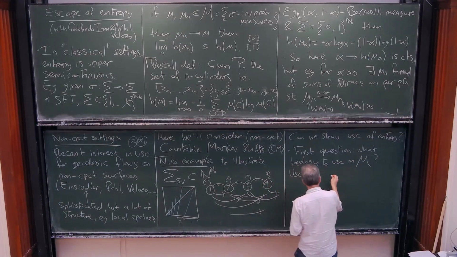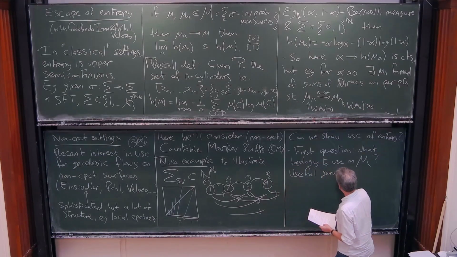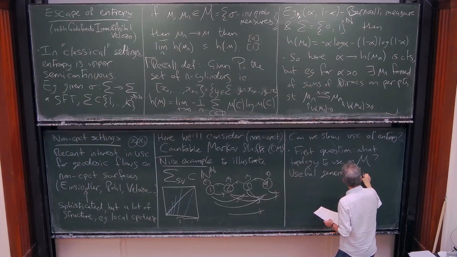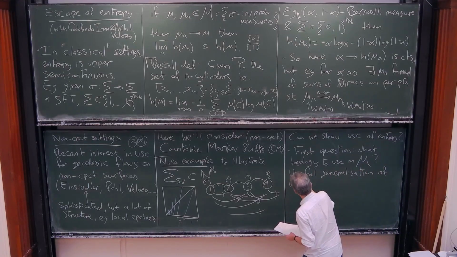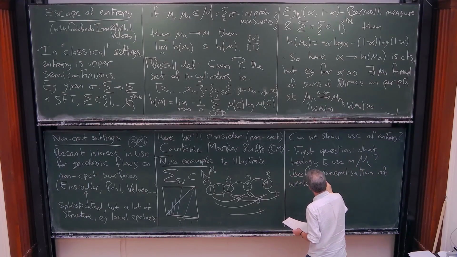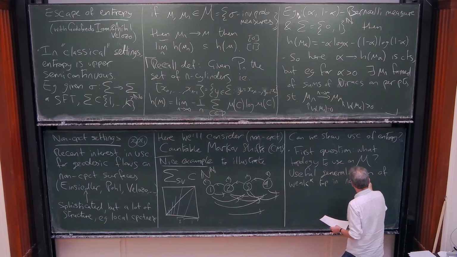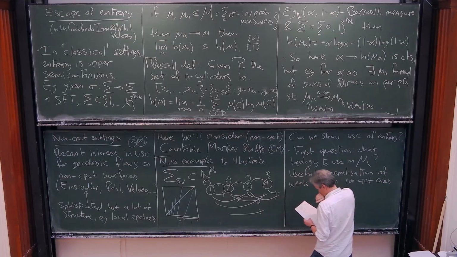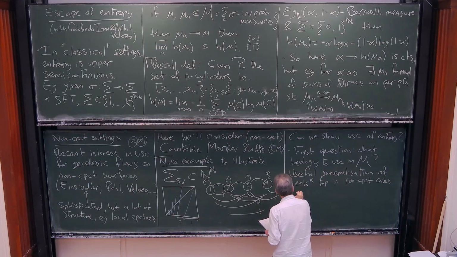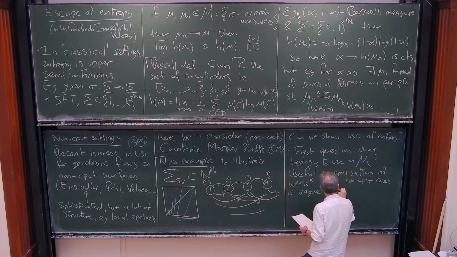So, the usual generalization of the weak star topology in the non-compact cases is the vague topology. So, vague topology.